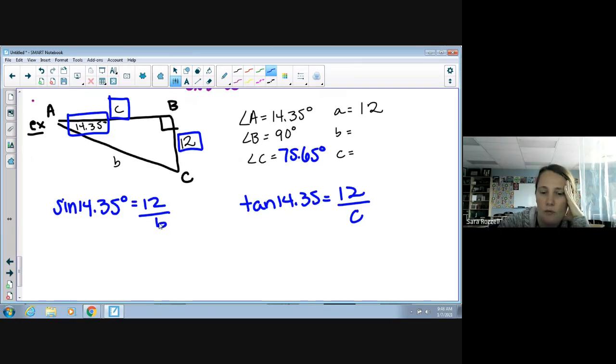All right, so we're going to write out what B is going to equal. We're going to solve for B, and then we'll put it in the calculator. So if you want to get B out of this denominator, where does it need to go? What do we need to do with it? We're trying to solve for B. We're going to multiply it on the other side. So B sine 14.35 equals 12.